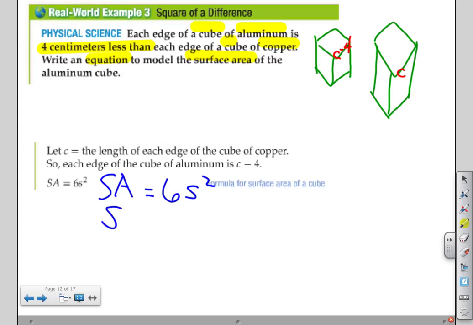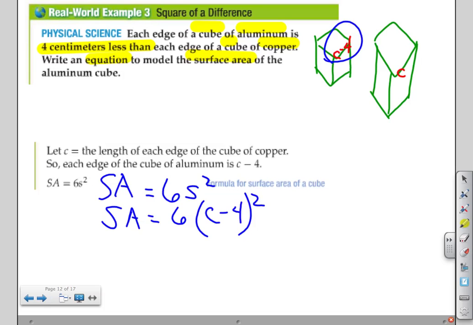And we know we're finding the surface area of an aluminum cube. So it's the smaller cube. So we're going to be multiplying 6 times the length of its side. And we know the length of its side is c minus 4. And we're going to square that.